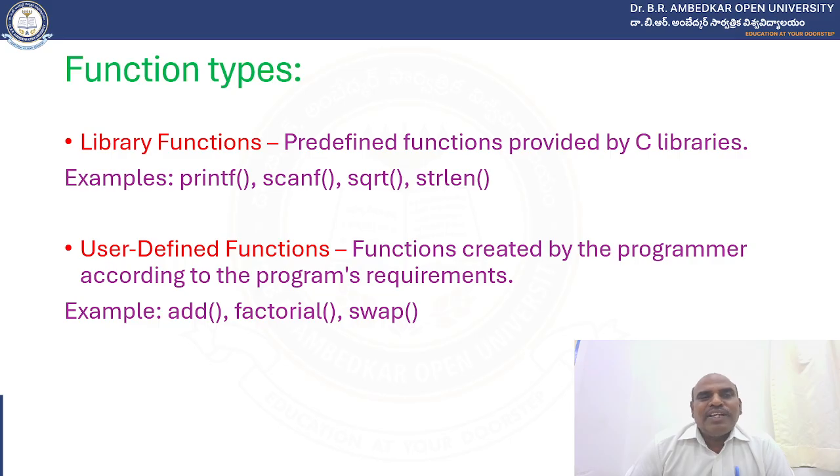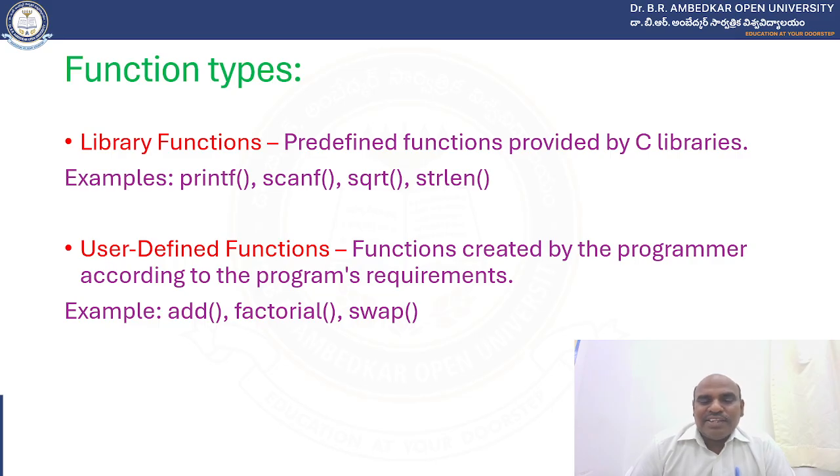Then strlen, where str means string and length means the length of that string. String means a group of characters, more than one character. Your name is an example of a string, suppose Kiran. The number of characters is the length.